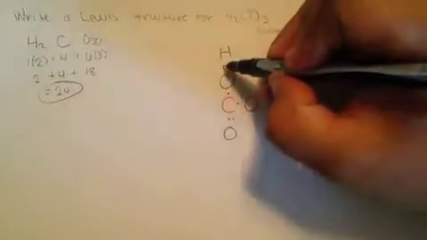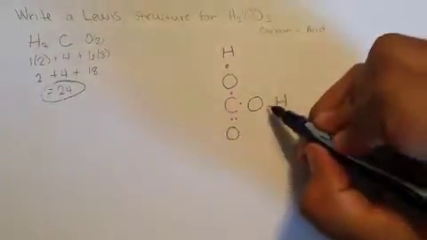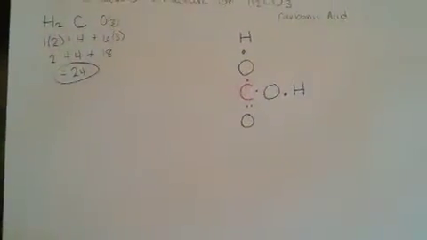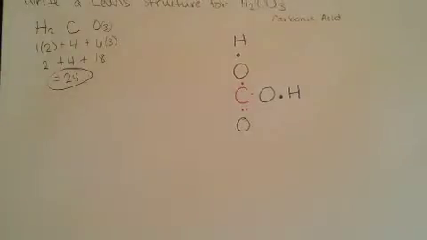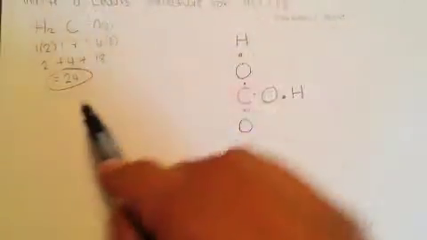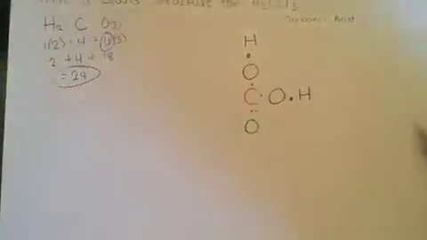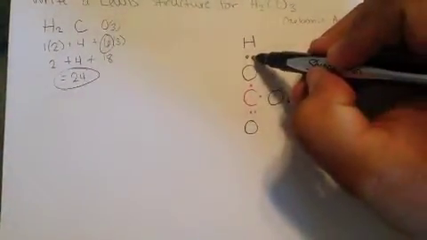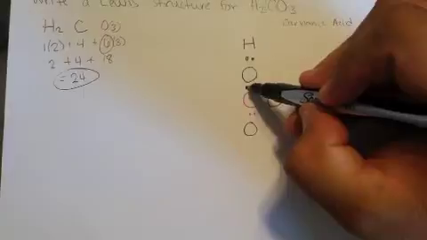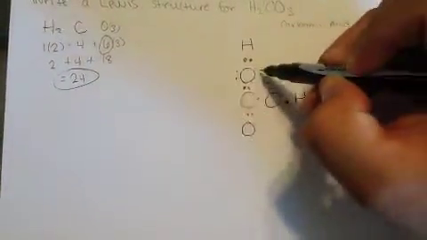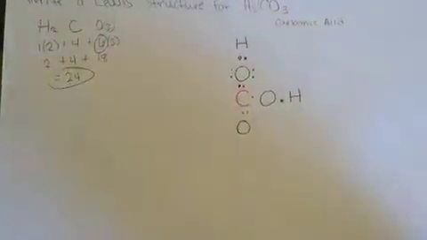You know that hydrogen has 1, and all your oxygens have 6. So you're going to have 1 that bonds here, 1 that bonds here, that's 2, 3, 4, 5, 6.